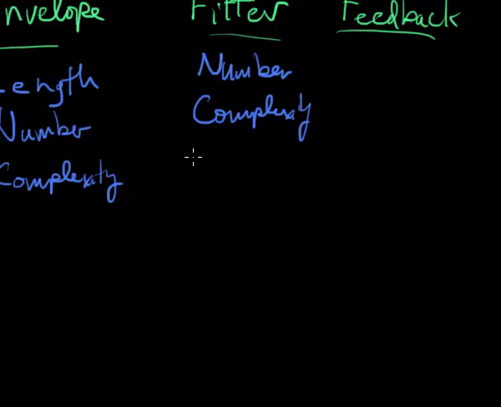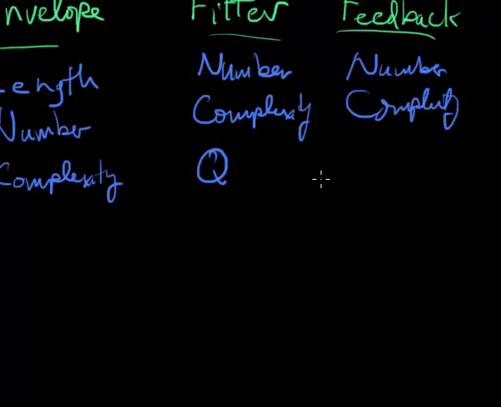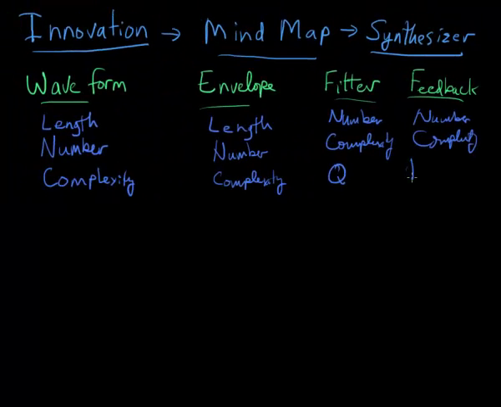And this one, instead of length, I went with Q, quality factor, whether it was broad or narrow. And then on feedback, I had number, complexity, and duration.